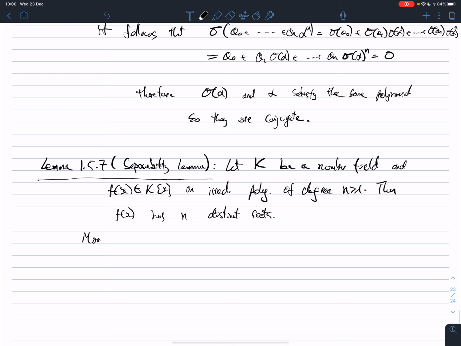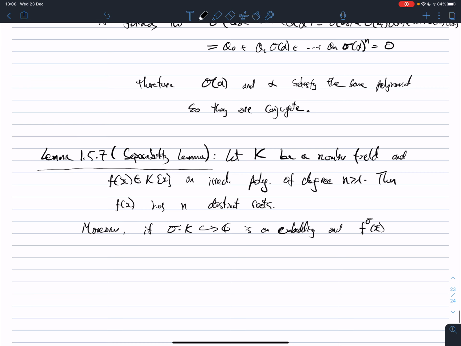Moreover, if sigma from K into the complex numbers is an embedding, and I denote by f sigma of x the polynomial that you get by applying sigma to the coefficients of your polynomial, so this is now a polynomial, and sigma does act on K; it does move K around, so this is not just the identity.